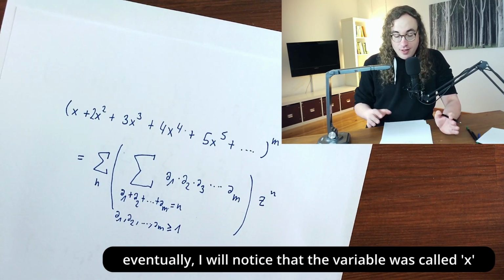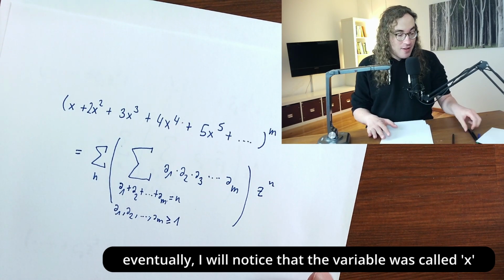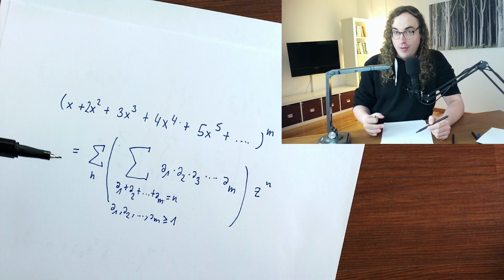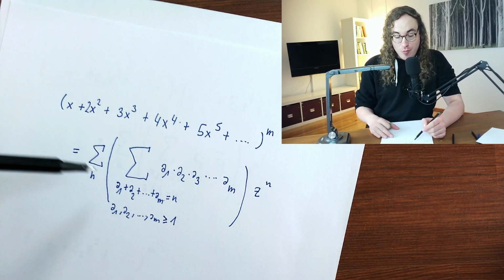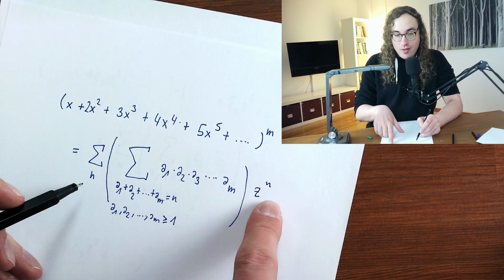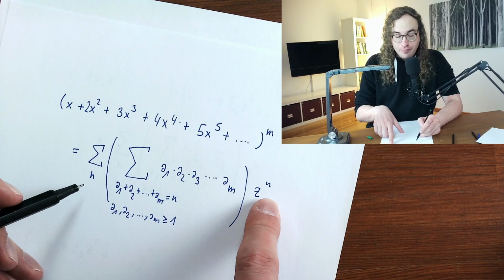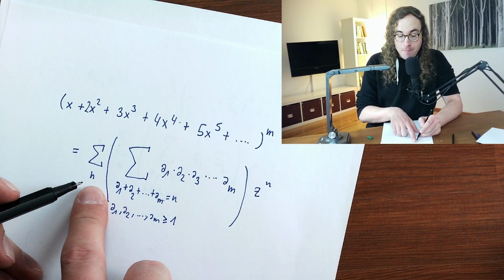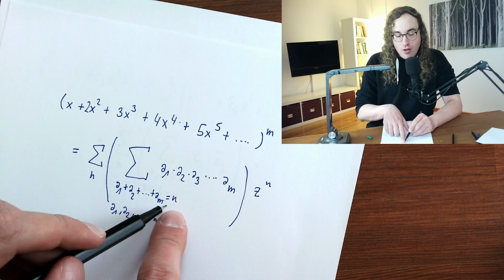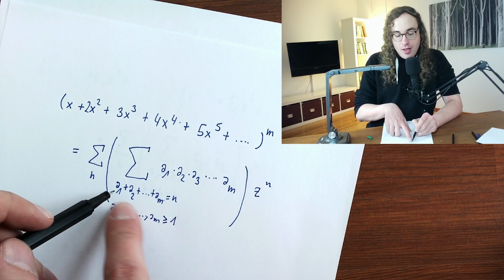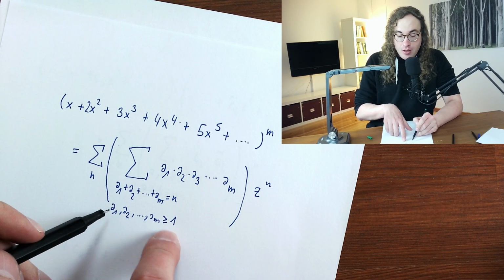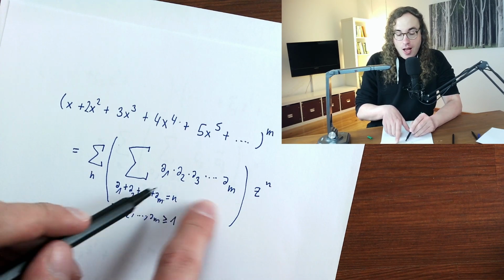Okay? Now this is really the main point, because I claim that this actually is very closely related to this function, to this little game which I've explained at the beginning. Because look at what's happening. If I just look at the coefficient for z^n, for a fixed value of n, then I get this sum, and I'm running through all decompositions of the value n in m integers, positive integers, and then what I do is I multiply them.